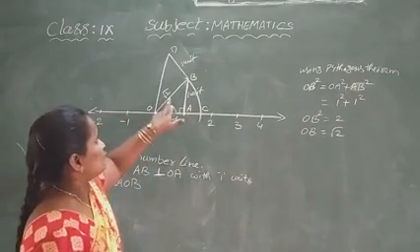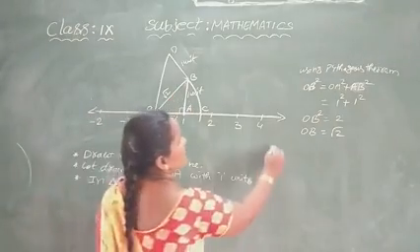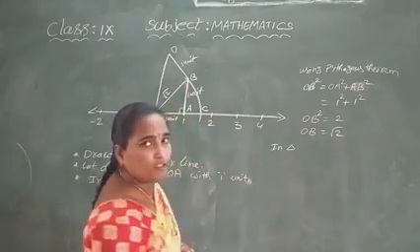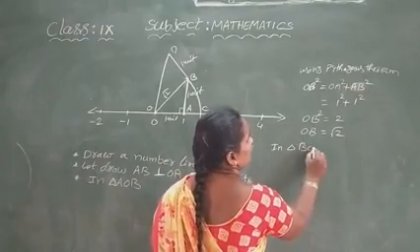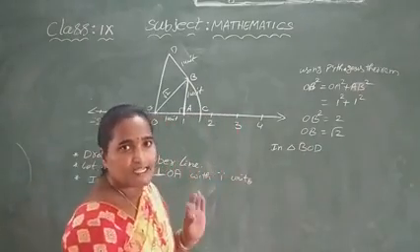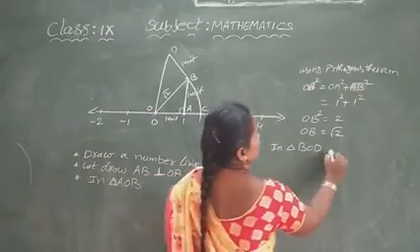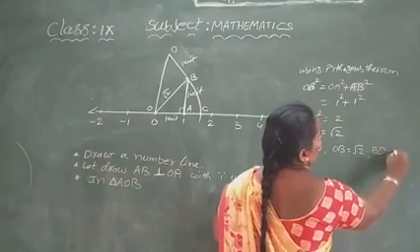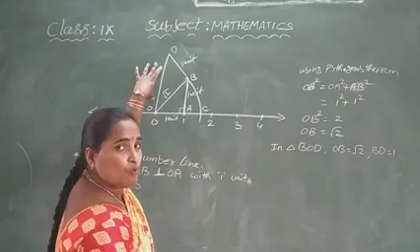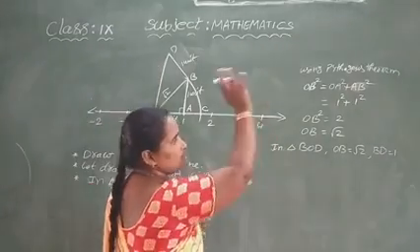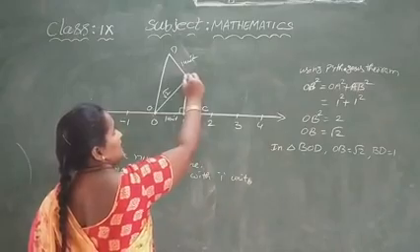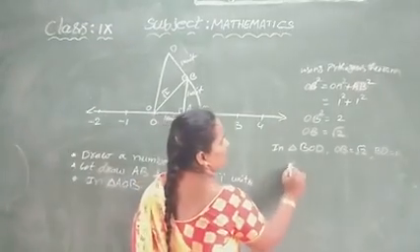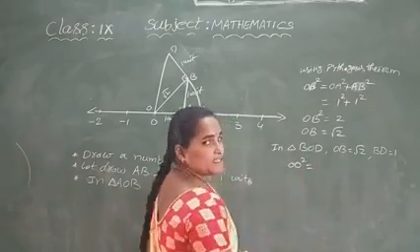Then here, in triangle OBD or BOD, you take triangle BOD, a right angle triangle. Here OB measure is √2 and BD measure is 1. Then you can find OD by using Pythagoras theorem. Here 90 degrees is there, the side opposite is OD, the hypotenuse.